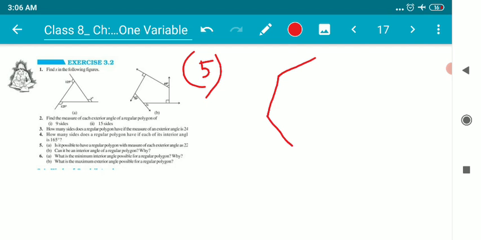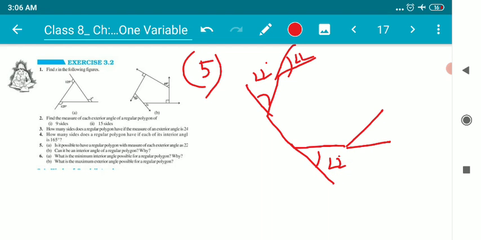There is a polygon. Okay. The question is, if each exterior is 22 degree, 22, 22, then 22, like all the exterior angles are measuring 22 degree. Fine. Children, what do we know, the formula?